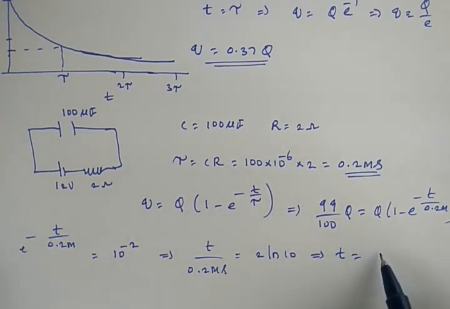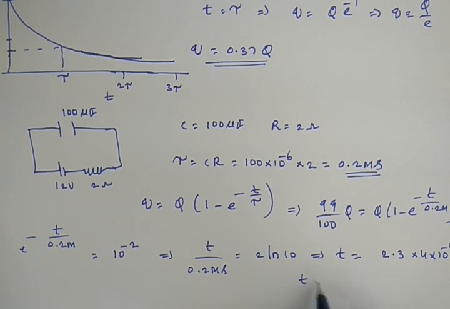That implies time equals, if you calculate all the things, 2.3 into 4 into 10 power minus 4. This is because log 10 value is 2.3, and 0.2 into 2 is 0.4, and milli is already there, so I wrote 10 power minus 4.